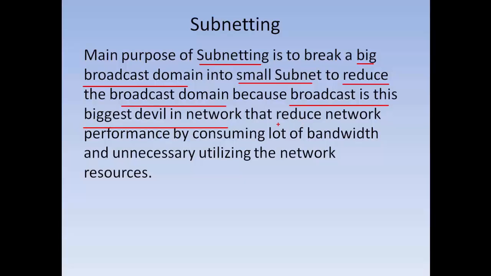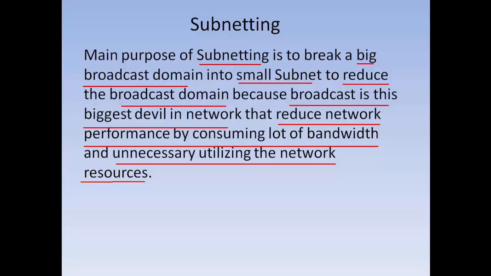Why? Because it consumes a lot of bandwidth. If a single machine creates a broadcast packet, it goes to all the machines. First it will consume a lot of bandwidth, and naturally every machine that receives that broadcast packet has to process it. My switches have to forward the broadcast packet, and each machine has to check whether that packet belongs to that particular device or not.